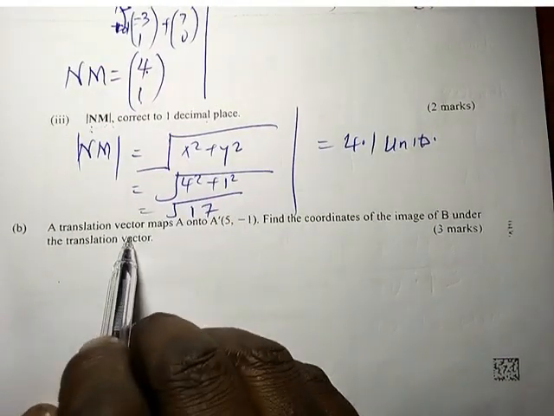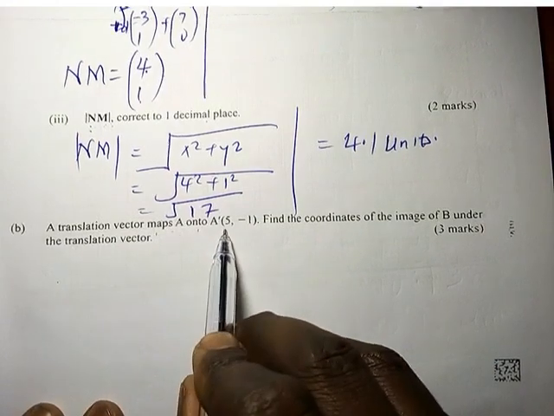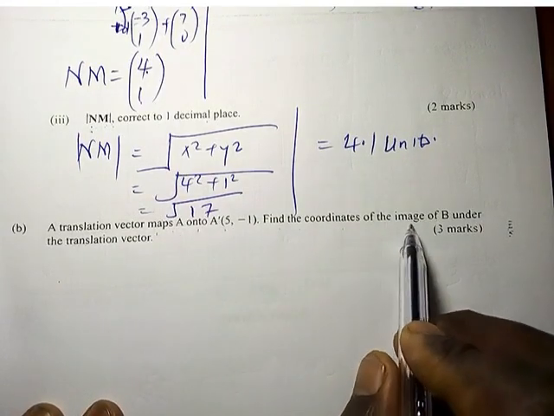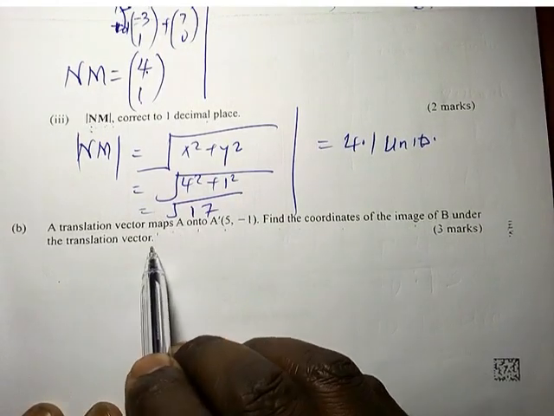A translation vector maps A onto this. Find the coordinates of the image of B under the translation vector.